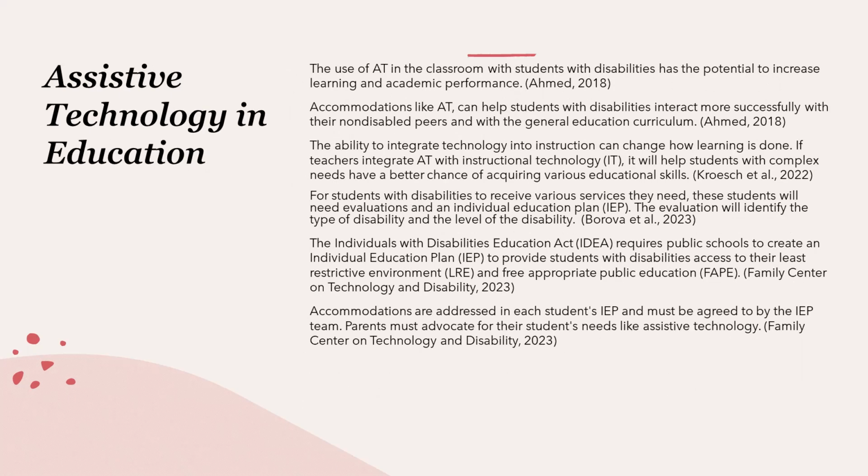Assistive technology in education. The use of assistive technology in the classroom with students with disabilities has the potential to increase learning and academic performance. So accommodations like assistive technology can help students with disabilities interact more successfully with their non-disabled peers and with the general education curriculum.